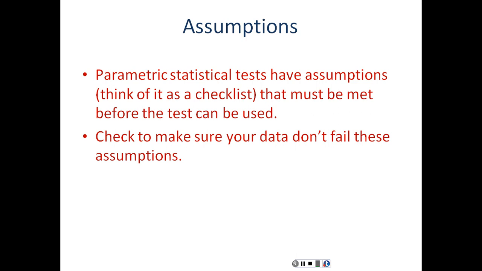If your data does not meet every last one of those criteria, you should not complete a t-test. So again, we want to make sure that our data meets certain assumptions before parametric tests can be used. And you always want to check to make sure that your data don't fail these assumptions.